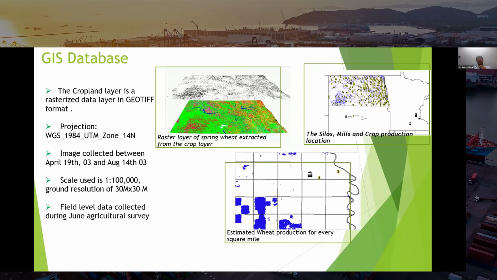We have information about the processing plants and also the final demand. The final demand can be an export location, which may be a port, or it can be a city location where there is a lot of consumption of those processed agricultural products.